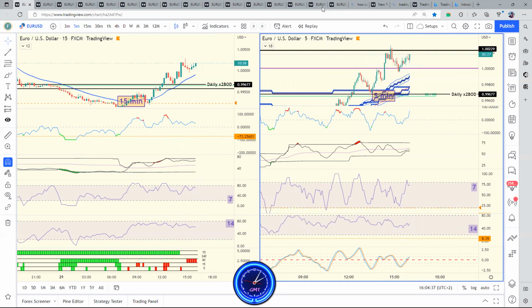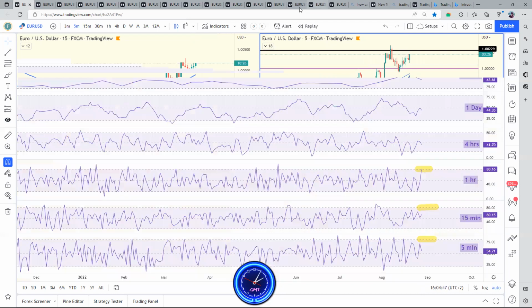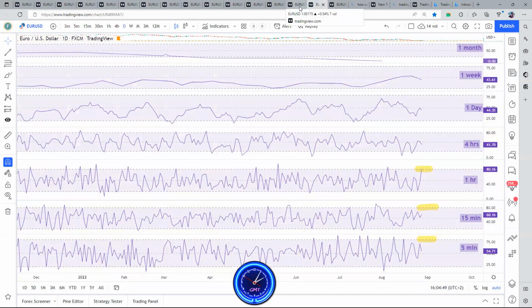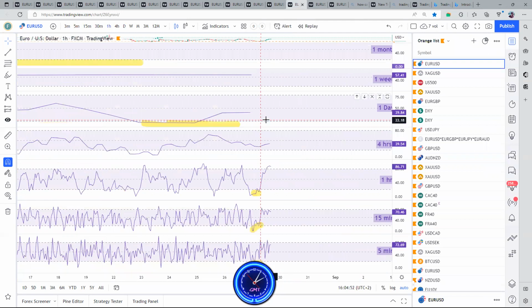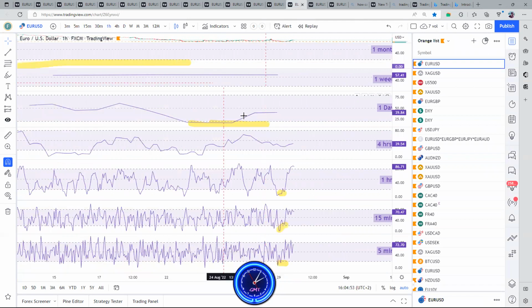We must remember what we saw this morning, and we know we are widely long. We have the monthly long, the daily long, we had the 1 hour in the morning, the 15-minute, and the 5-minute. That's why we went long.